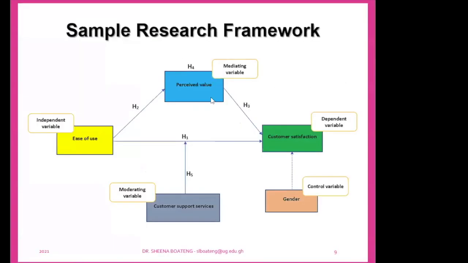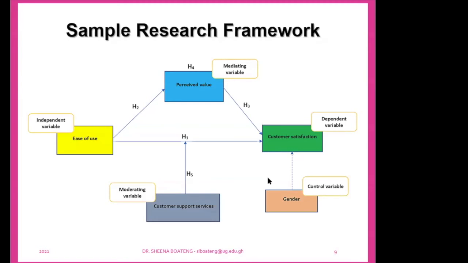When we say intervene, it means it inserts itself in between the two variables. So in terms of the arrow distribution, perceived value is in between ease of use and customer satisfaction, such that we can go from ease of use to perceived value, then to customer satisfaction, because it is a mediating variable.